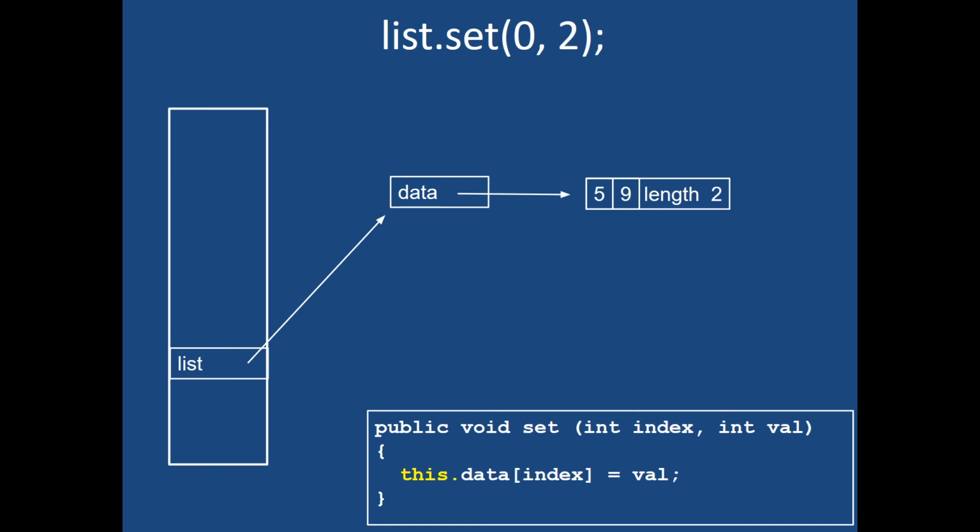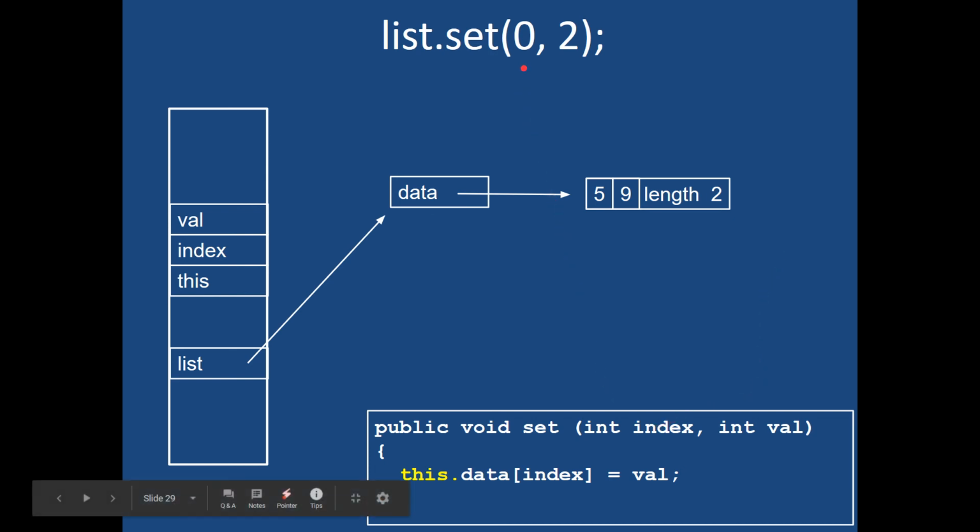Okay, what happens here? We're calling list.set. How many parameters to set? 3. The 0, the 2, and this. What's the value of index going to be? First parameter is called index, so 0.